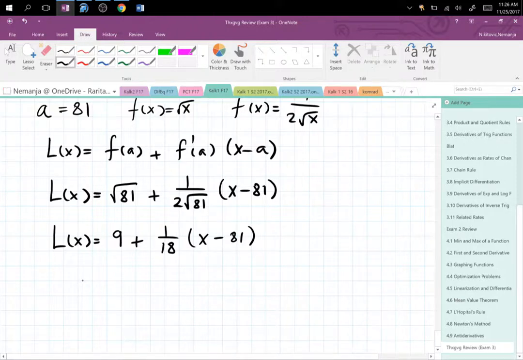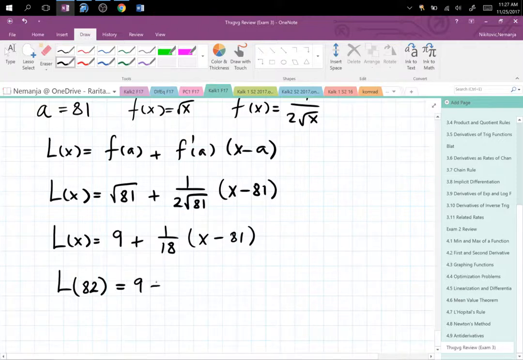I could get it into y equals mx plus b, but to be honest with you, I don't care to do that now. What I want to do is approximate 82. So instead of computing square root of 82, I will compute the linearization formula with 82.